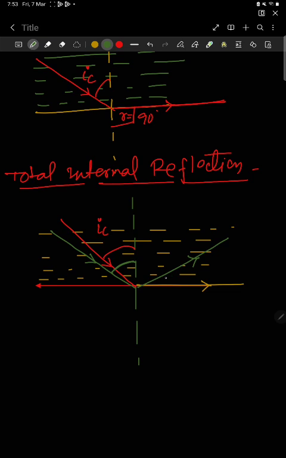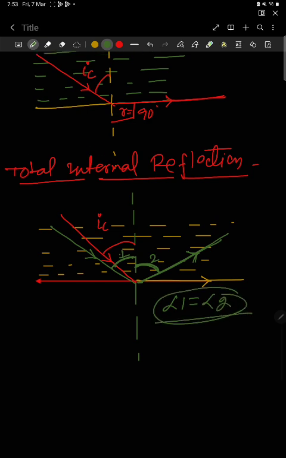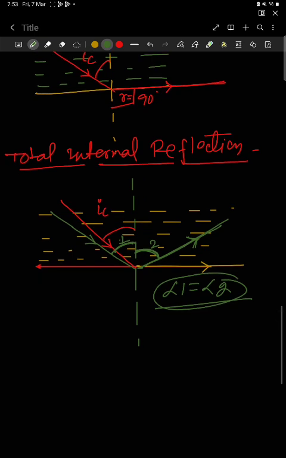So this light ray will pass through the same medium by making the same angle. Suppose this one is angle 1 and this one is angle 2, so angle 1 is equal to angle 2, so it follows the law of reflection. That is called total internal reflection.